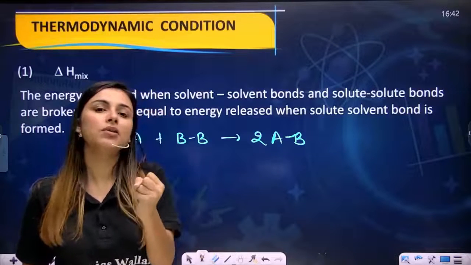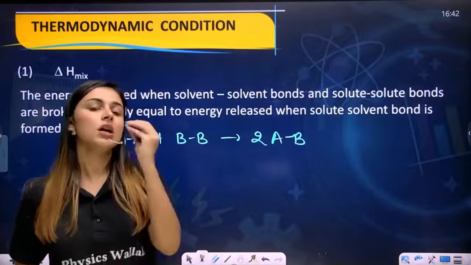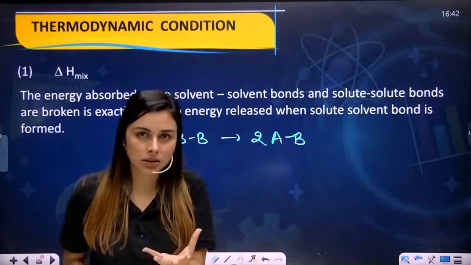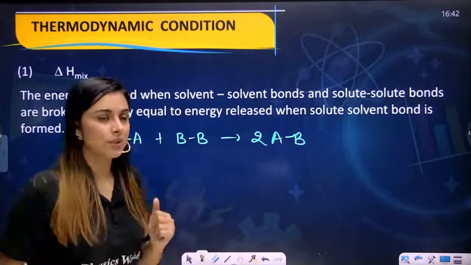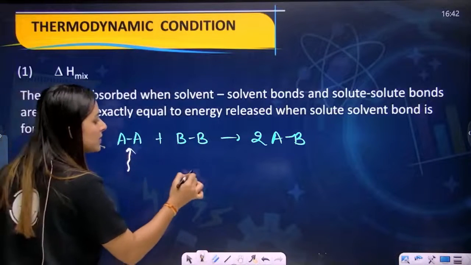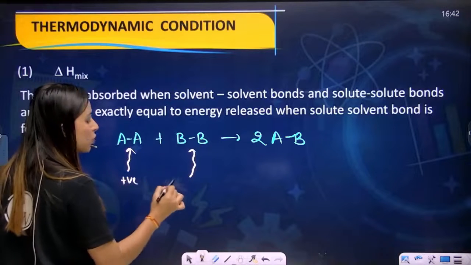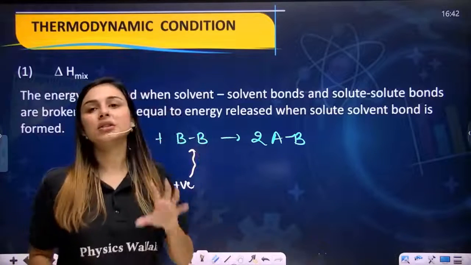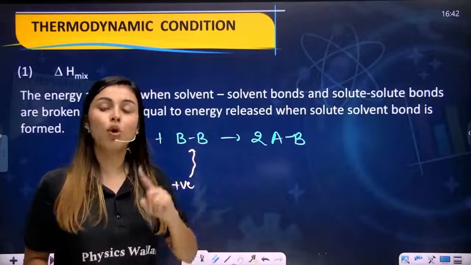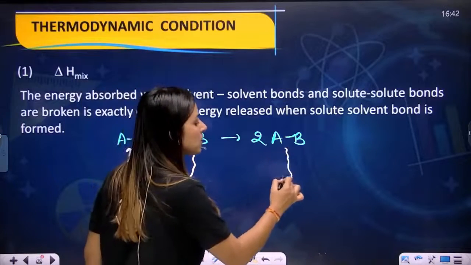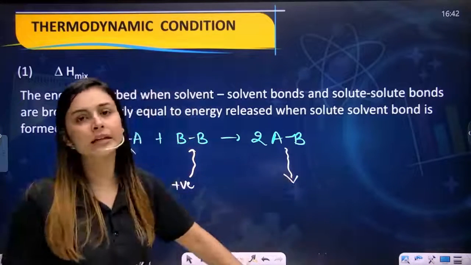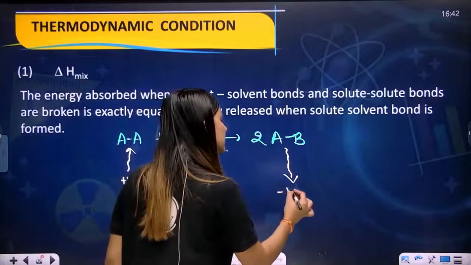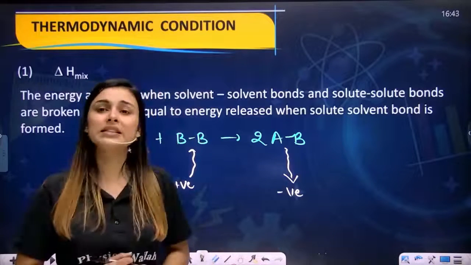Write it in your mind, my dear students, that whenever a bond or an interaction is broken, you need to provide energy. So you will provide some energy here, and this will be a positive value. And whenever a new interaction or a new bond is formed, always and always energy is released. So here energy is released because a new interaction is formed, and when energy is released, its value is always negative.